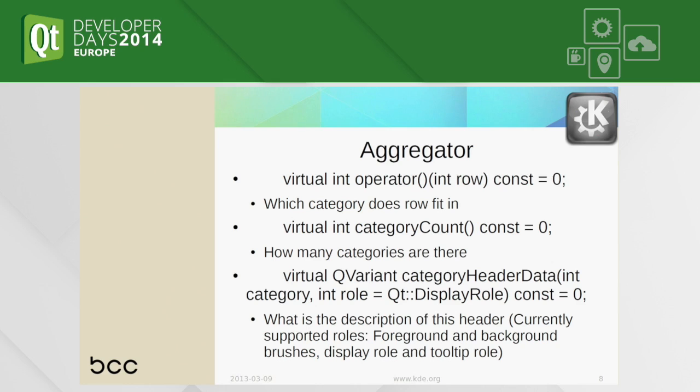The aggregators that put things in categories are basically 3 different pure virtual functions. One is putting things in buckets or in categories. The other one is reporting how many categories this aggregator handles. And finally, some header data for each category, such as colors and tooltips and whatever is needed.